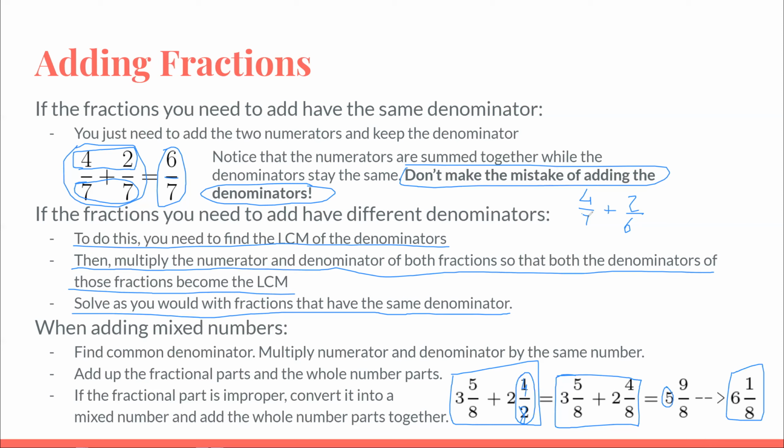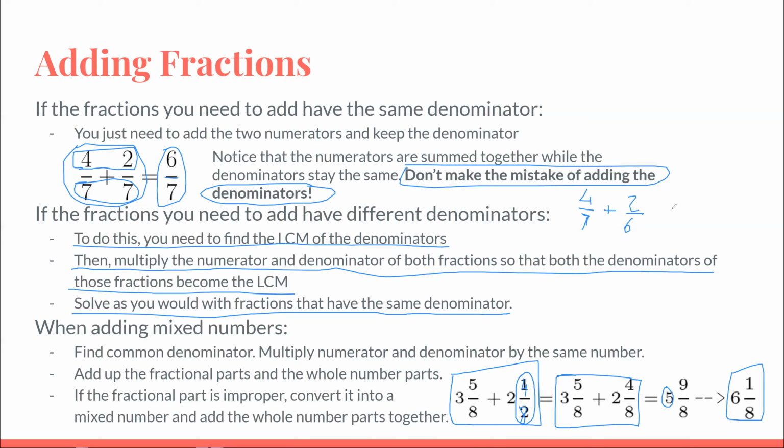Going back to this example right here, since these have different denominators, all you would do is find a common multiple between them. So you could maybe do 42 in this case.